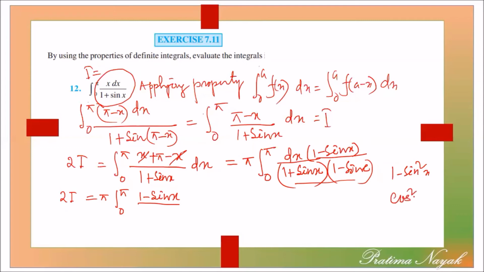So I'll write cos square x here. After getting this, next we'll convert this into 2 pi, integral from 0 to pi, 1 by cos square x and minus sine x by cos square x.